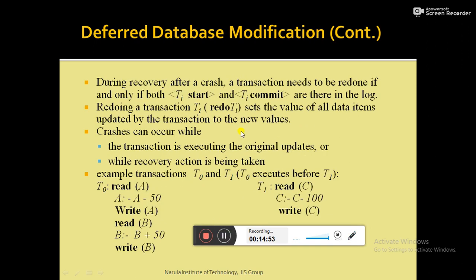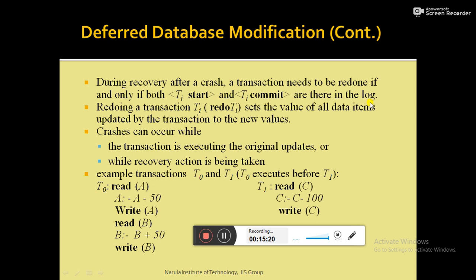Now before taking an example, another important point: suppose a transaction fails during execution. That means we have to recover from it with the help of the deferred database modification technique. During recovery, after a system crash or transaction failure, the transaction needs to be redone if and only if both Ti start and Ti commit are in the log.